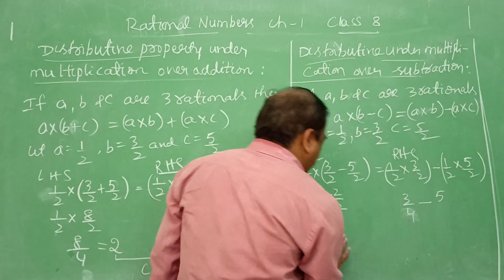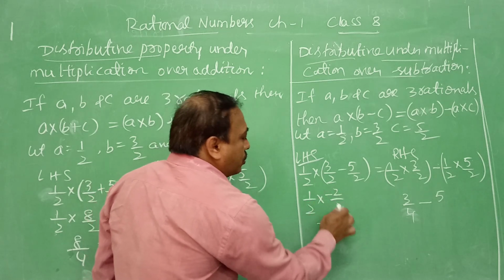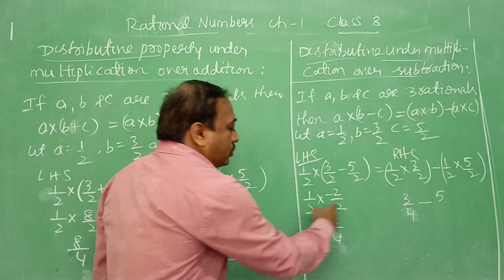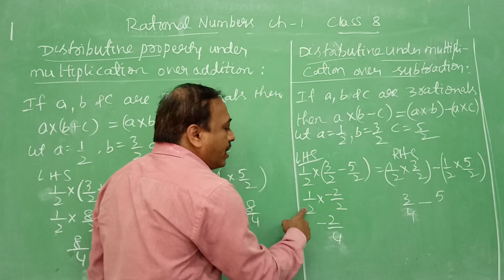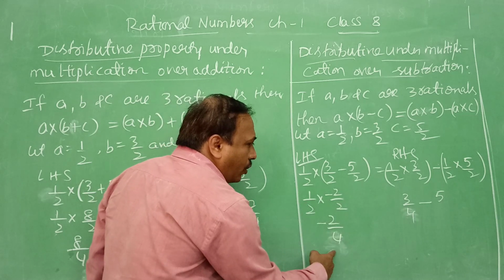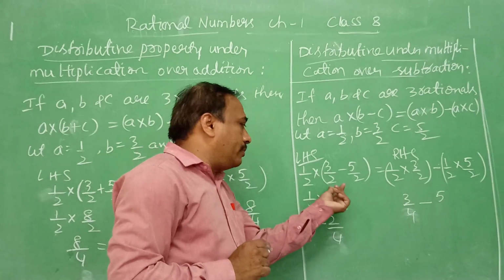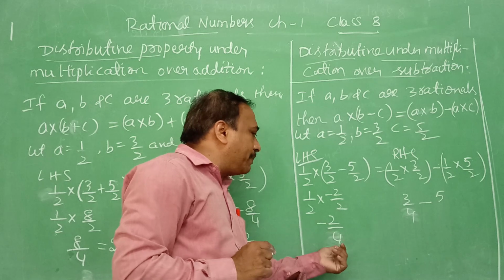Here you check it now, once 1 into minus 2, minus 2, 2 2s are 4. Here when you subtract they are like rations, so minus 2 by 2, but when you multiply 2 2s are 4.